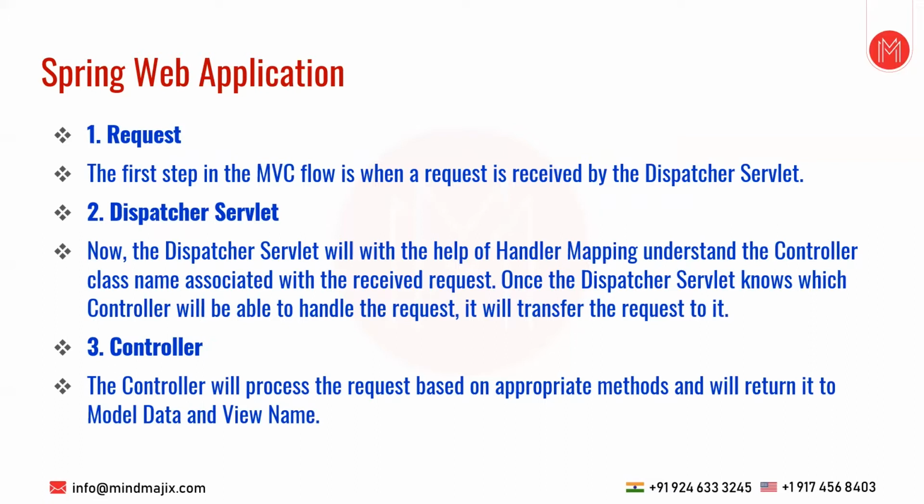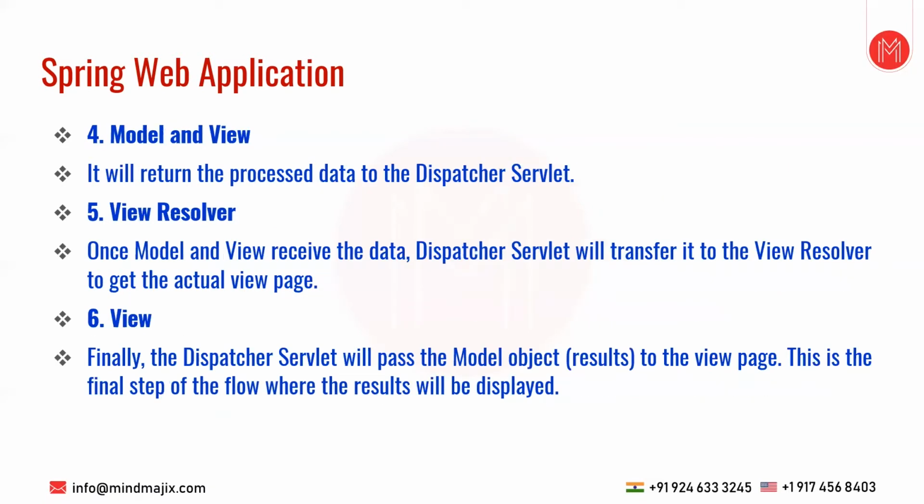We need to define the dispatcher servlet, and we need to implement controller logic, and we need to implement model and view, and we need to configure view resolver bean, and we need to specify the exact view component which is used to display the result.